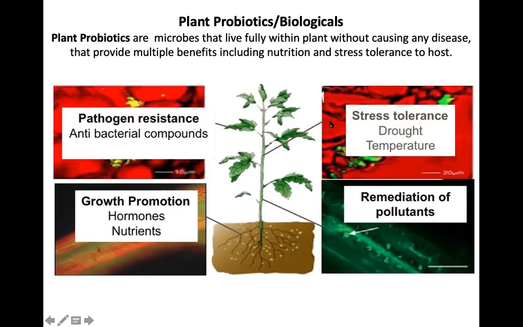As I mentioned, plants also tolerate drought, temperature, even insects by the application of probiotic microorganisms. They can be bacteria, they can be fungi. For example, mycorrhiza. Mycorrhiza is a root-associated fungus that colonizes 80% of cultivated plants.